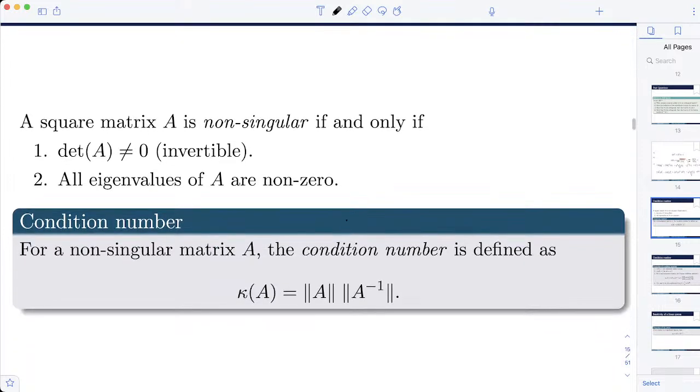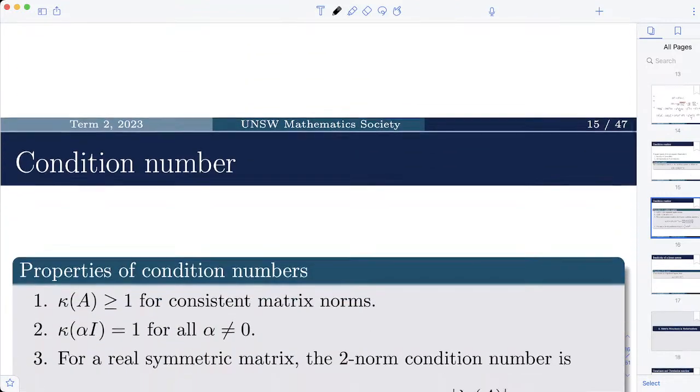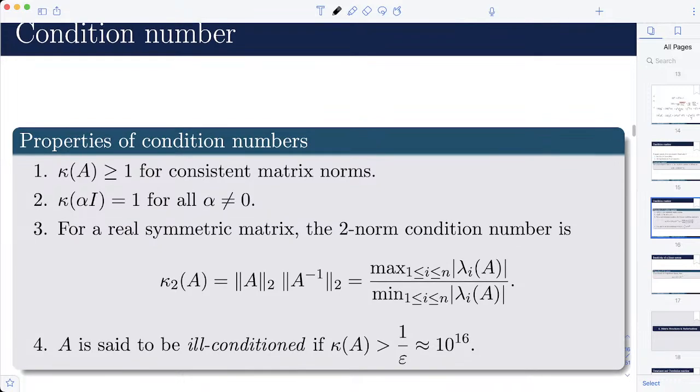Condition number is just this definition over here, using whatever norm. This is what I was talking about earlier. One of the key things to keep in mind is if you're dealing with a question that has eigenvalues in it and it asks you to find a condition number, then you're going to be finding the 2 norm condition number.